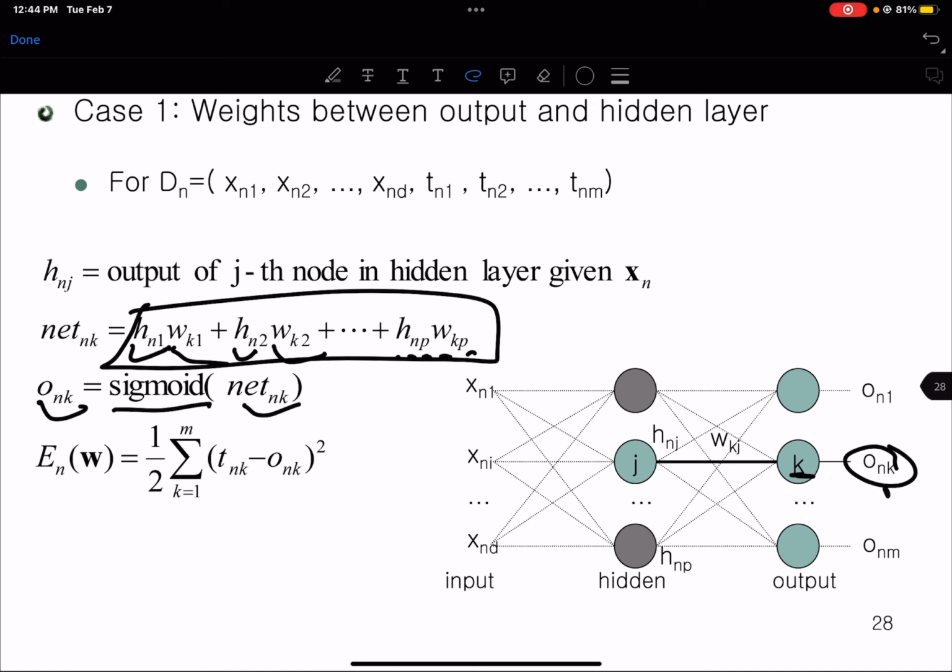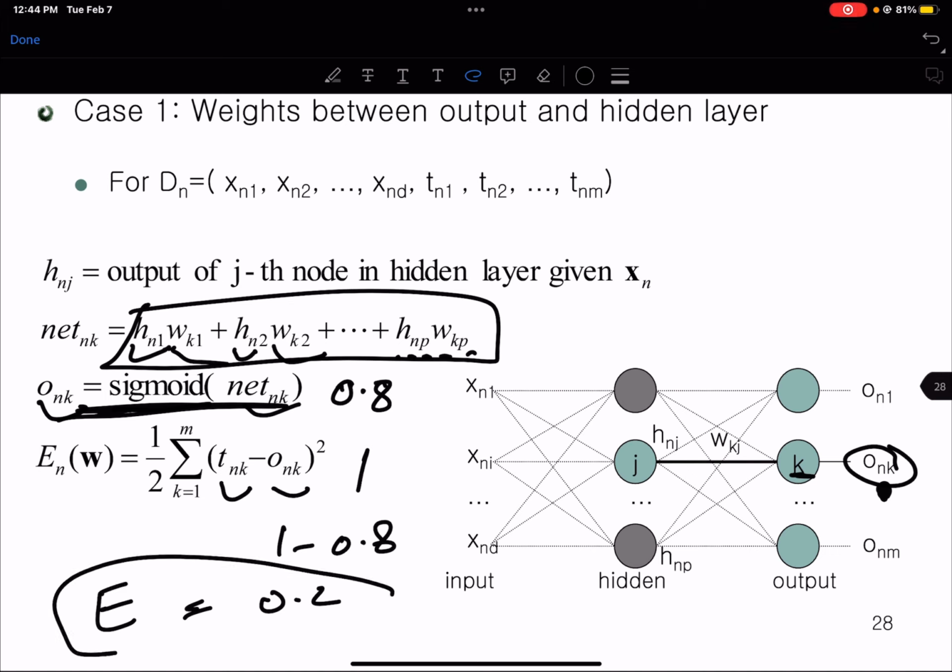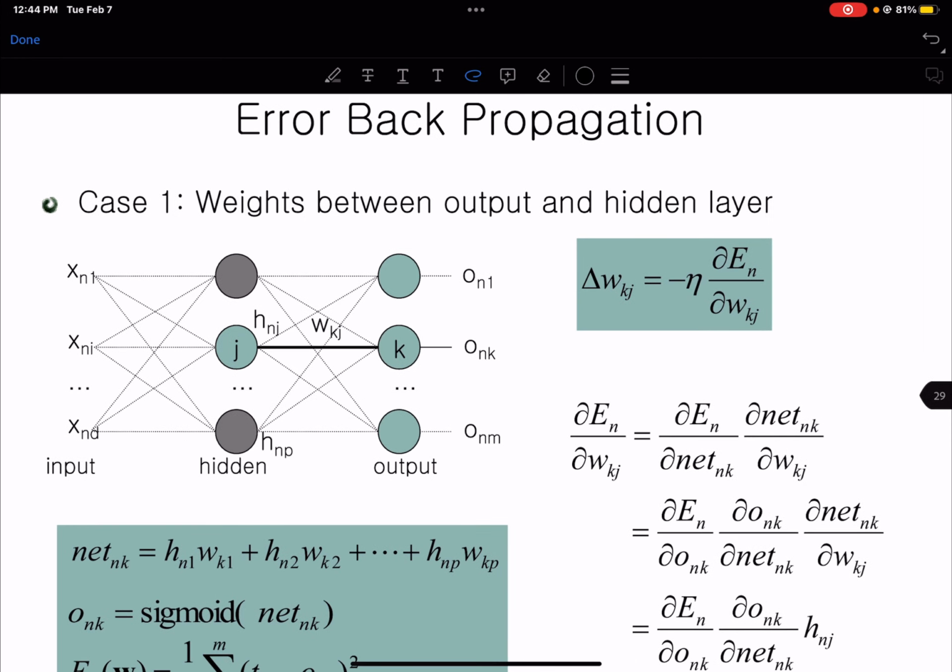So the error will be estimated here. It will be the target minus the actual output. For example, our actual output is 0.8 and the target is 1. So the error is 1 minus 0.8, which is 0.2. This is our error. Simple mathematics if we can write.